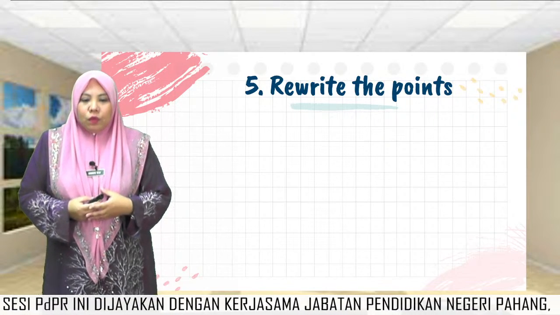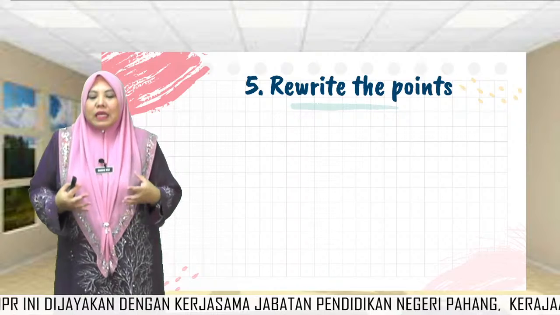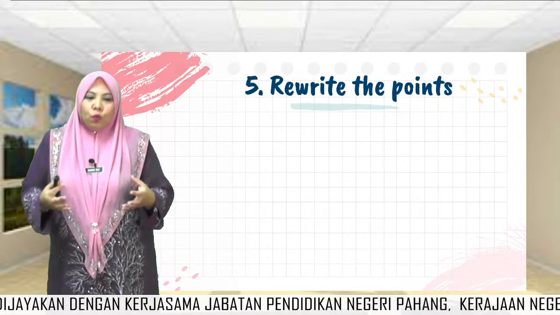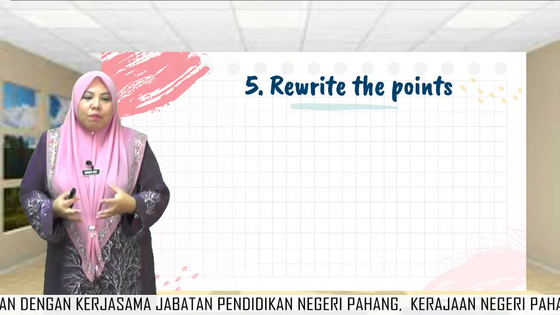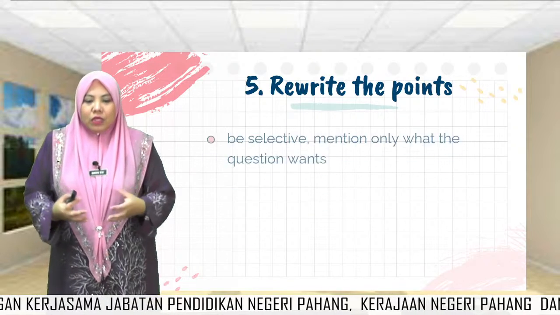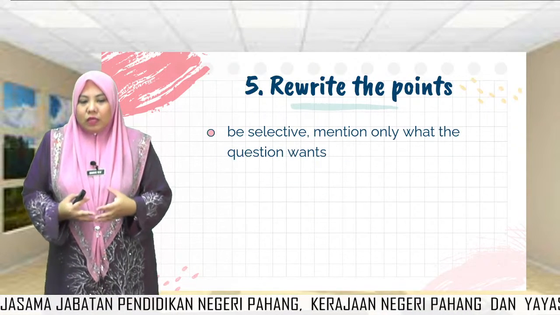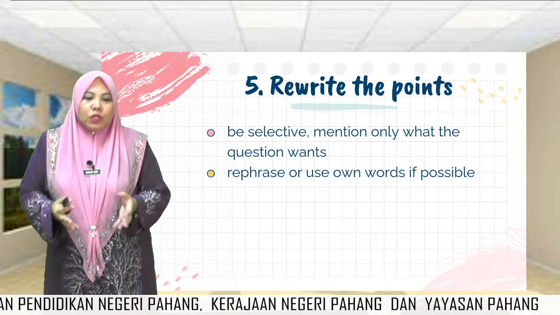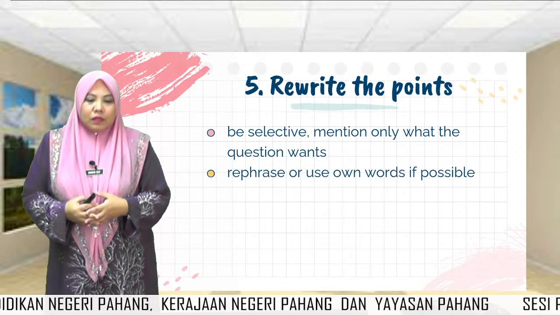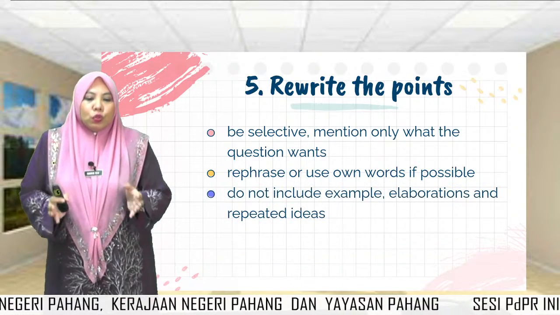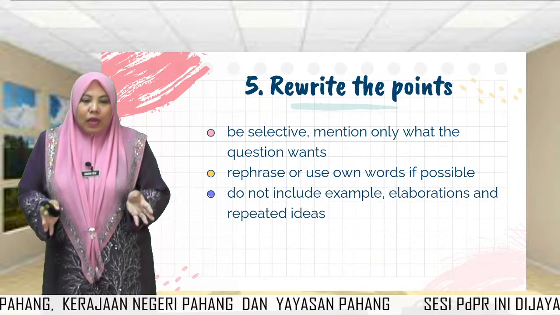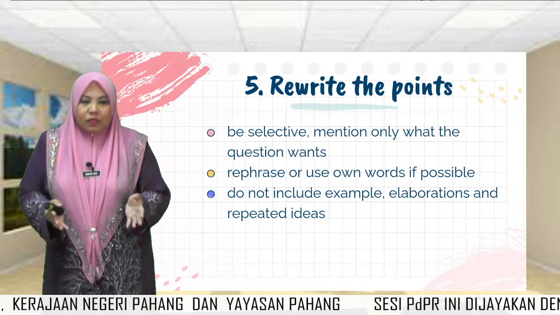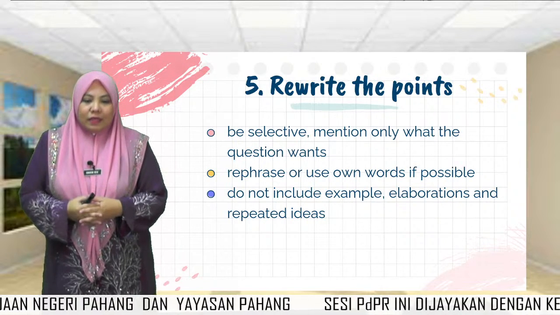Number 5 would be to rewrite the points into your summary. What you need is to be selective and mention only what the question wants. Number 2, rephrase or use your own words if possible. Number 3, do not include elaborations, examples, and also repeated ideas.